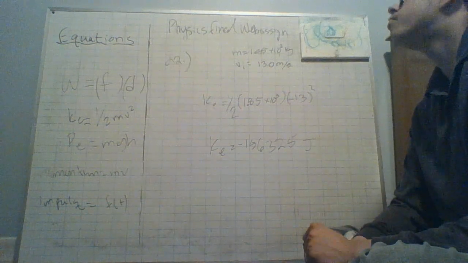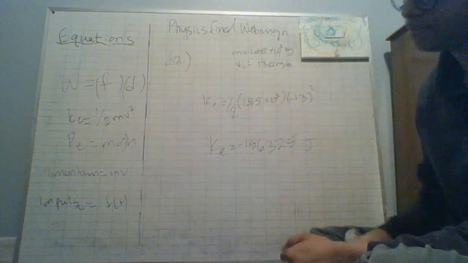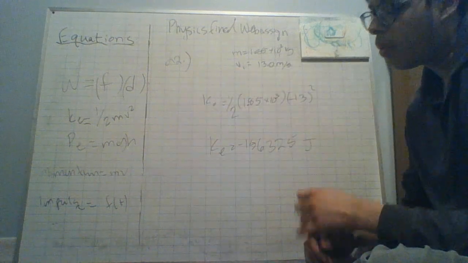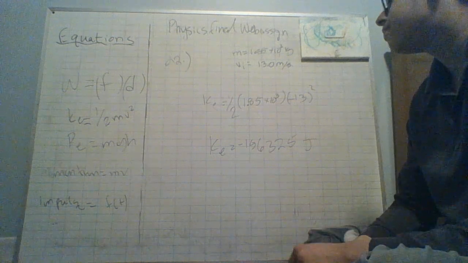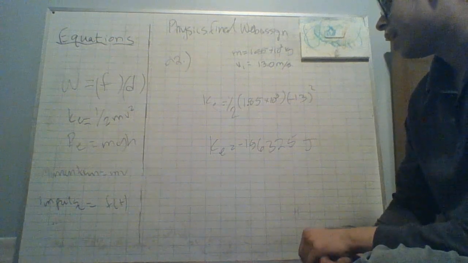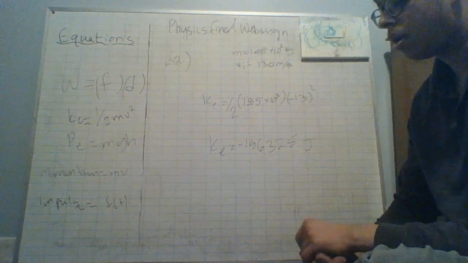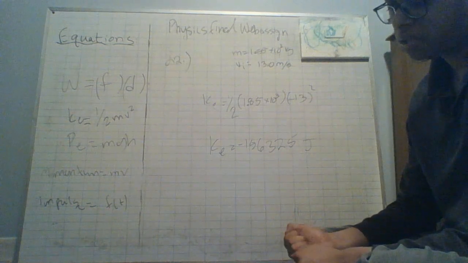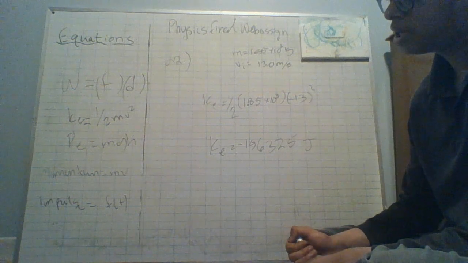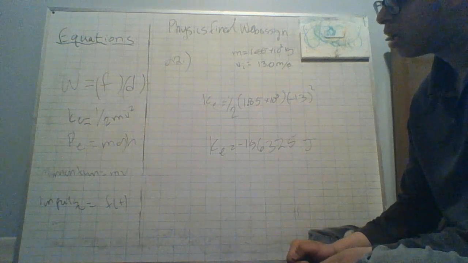Now work is equal to force times distance as shown over there. Now the force that's exerted is positive, because the car is the one that is moving. The tree is not exerting a force.